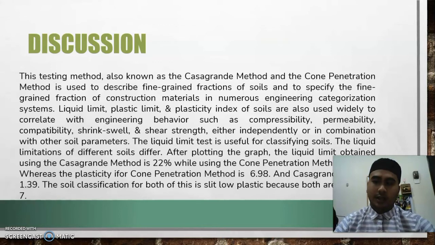The soil classification for both of these is low plastic because both are less than 7.